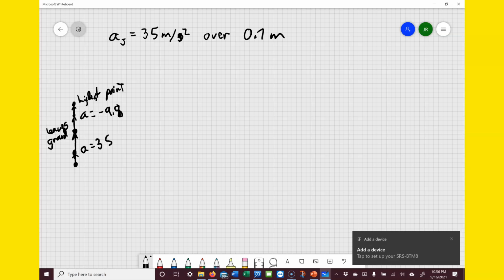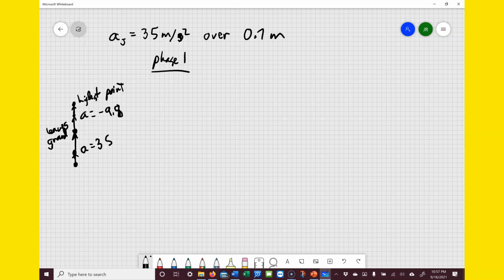So I think we need to do this in two phases. Phase 1 is when the springbok is extending those legs and accelerating upward. So a equals 35. Then v f would equal the antiderivative of this, which is 35t plus v naught, which we'll say is 0.